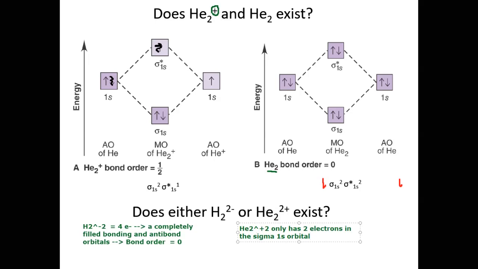So therefore, the bond order equals 1/2 times 2 minus 0, which equals 1. So this would have something like a single bond. So this would exist.